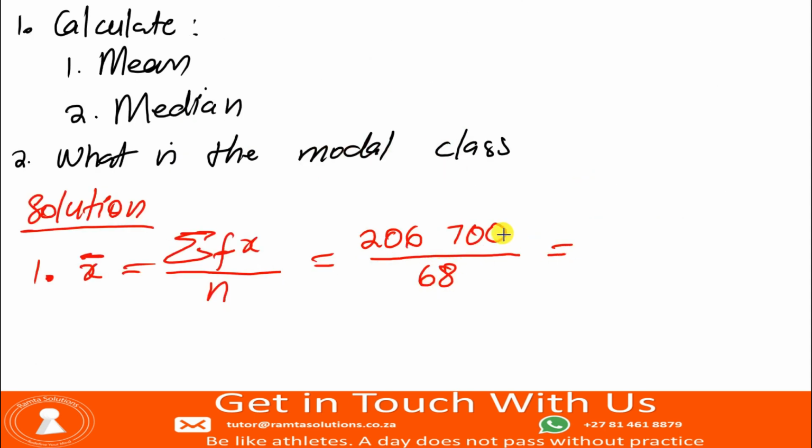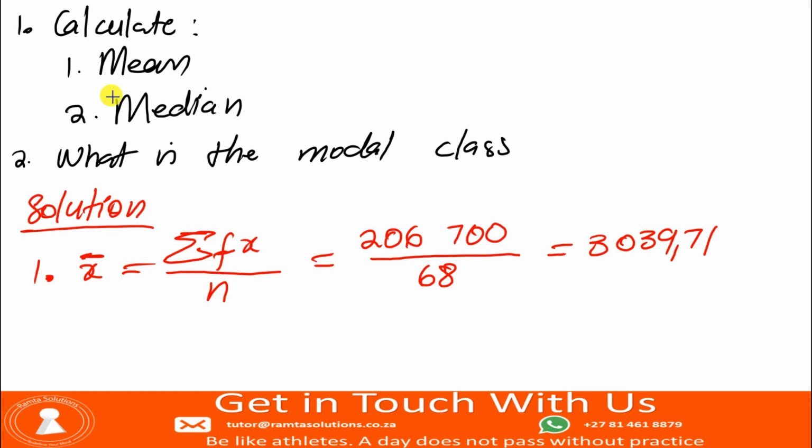Now let's find our mean. 206,700 divided by 68 is 3,039.71 kilometers per trip.